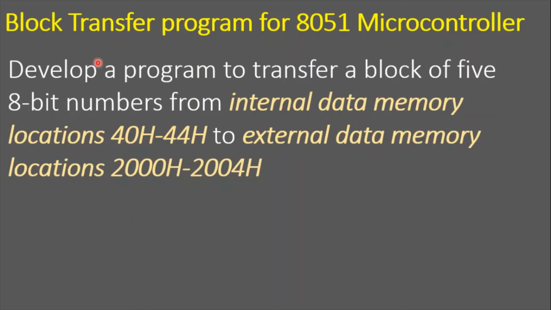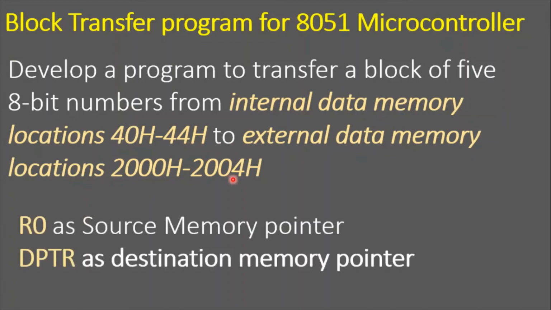Here we will develop a block transfer program to transfer a block of 5 8-bit numbers from internal data memory locations 40H to 44H. And these numbers are to be transferred to external data memory locations 2000H to 2004H. What does it mean?